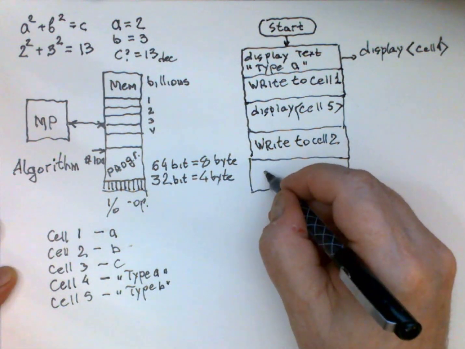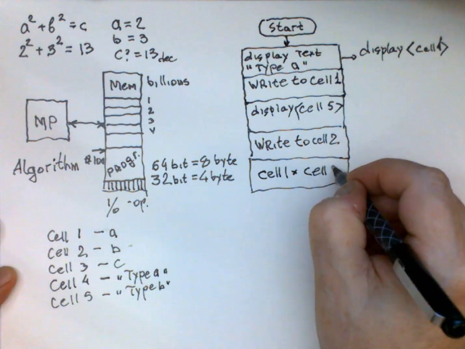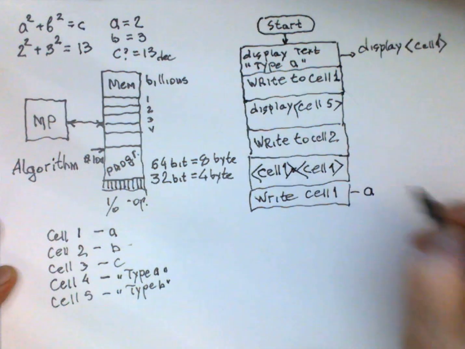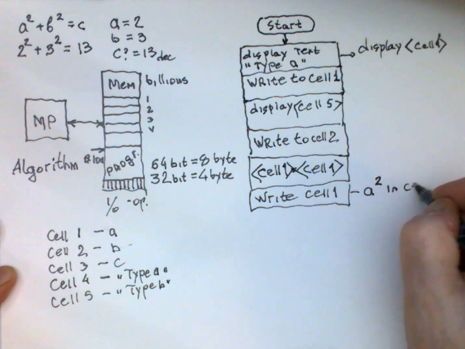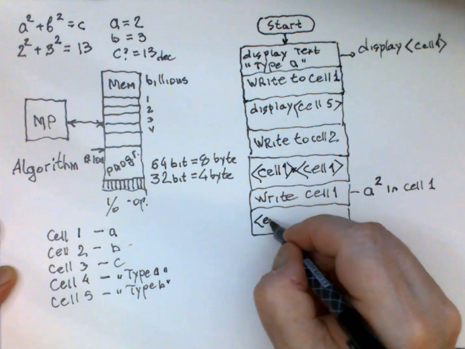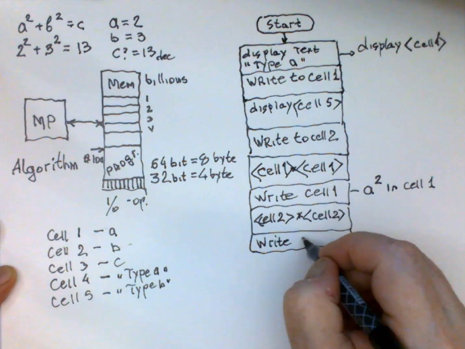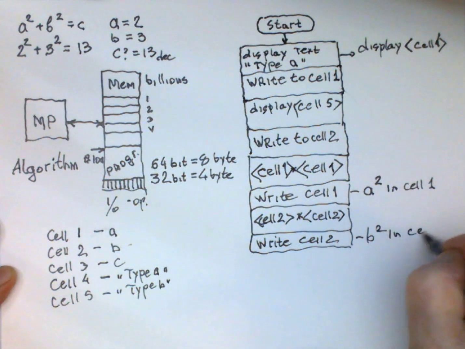Let's take cell 1, multiply by cell 1, and then write to cell 1. Then I will put my comment: a square now in cell 1. I'll do the same thing with B. Take cell 2, multiply by cell 2, write to cell 2, b square in cell 2.